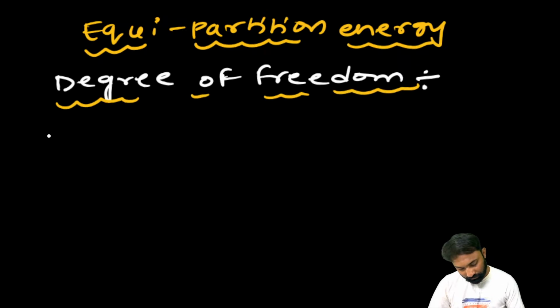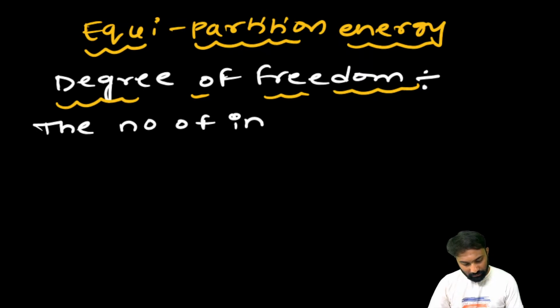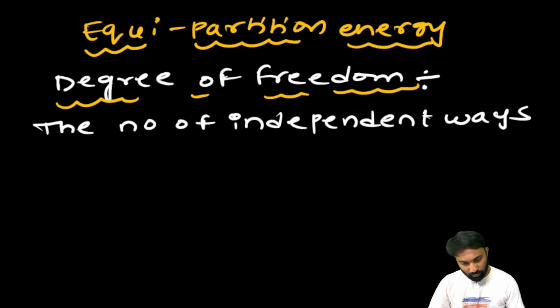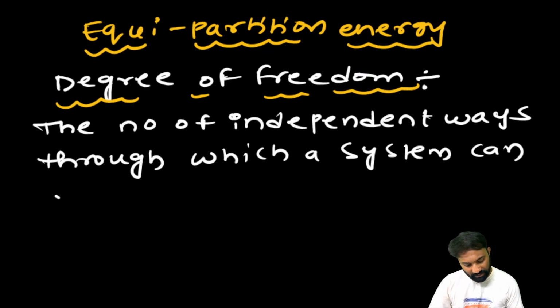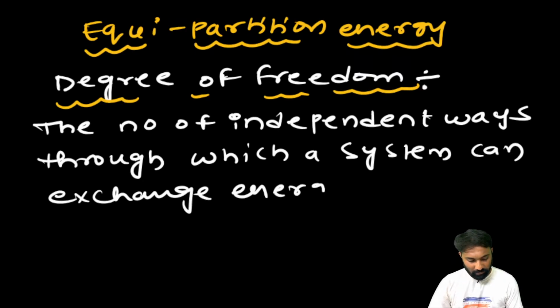It means the number of independent ways through which a system can exchange energy. Clear? Now there are 3 types of degree of freedom we are having.